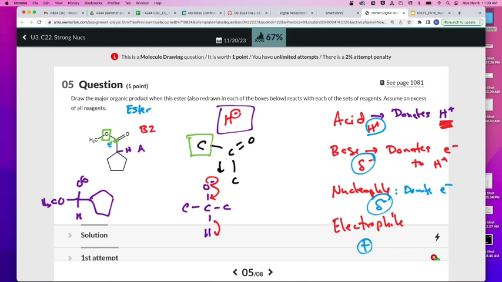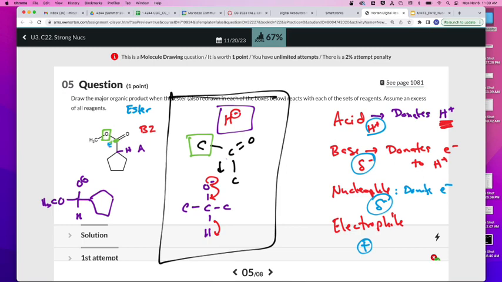What are we comparing that negative hydrogen to? It's a negative oxygen. Thank you, Lauren. We're comparing it to the negative oxygen.